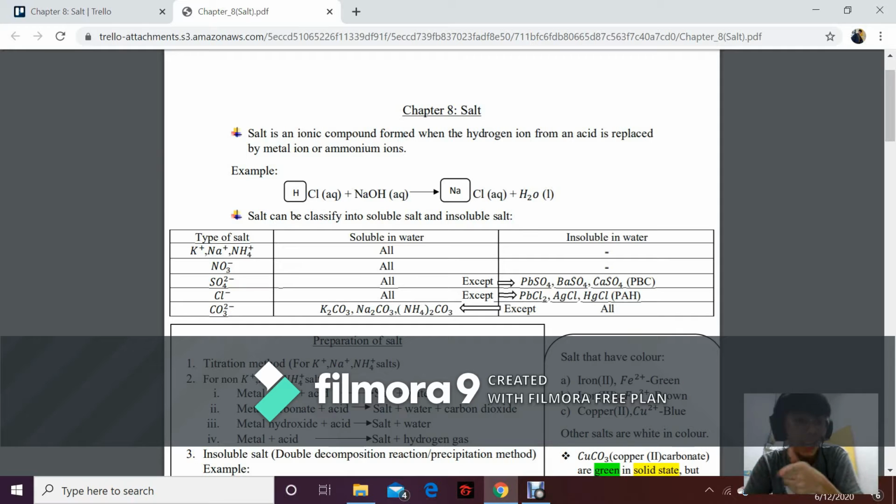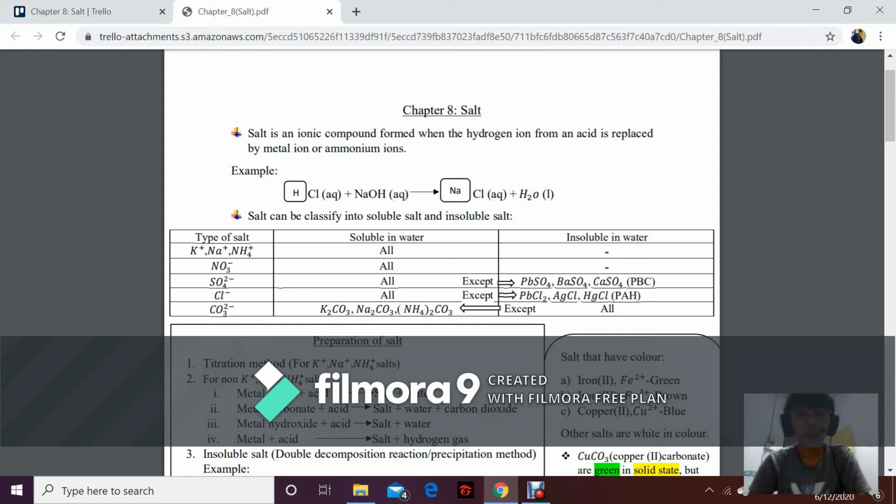So A is AgCl, silver chloride. HgCl is mercury chloride. These three are insoluble. Other than that, soluble. Remember, okay? You need to memorize these six insoluble salts because these six are exceptions for sulfate and chloride salt.